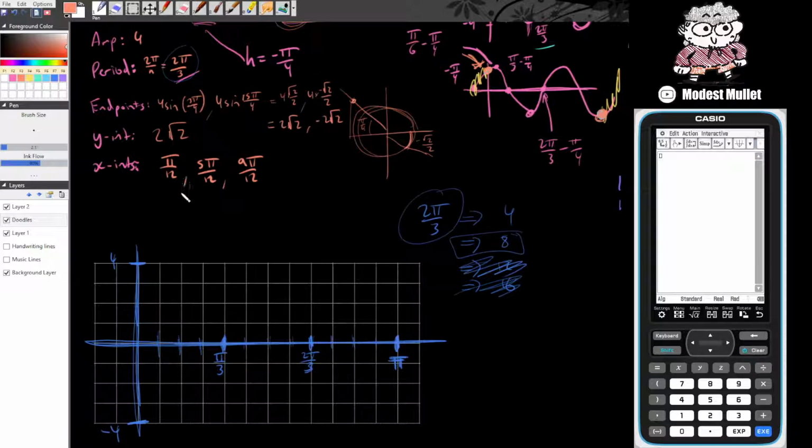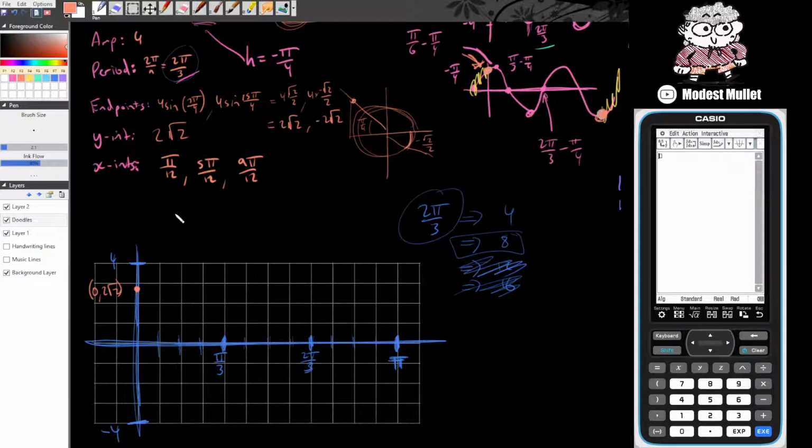Root 2 is 1.4, I think. Let me double check. Yeah, 1.41, so you double that, that's almost 3. So in there for scale, there's our y-intercept and our left point, all taken up by one thing, so that's 0, 2 root 2.